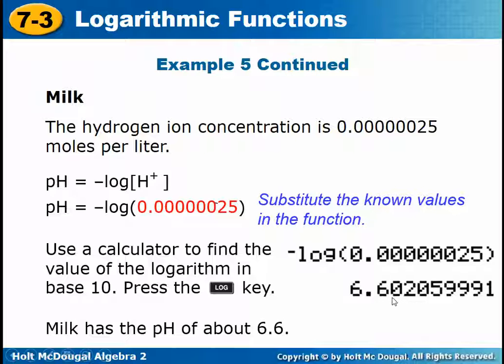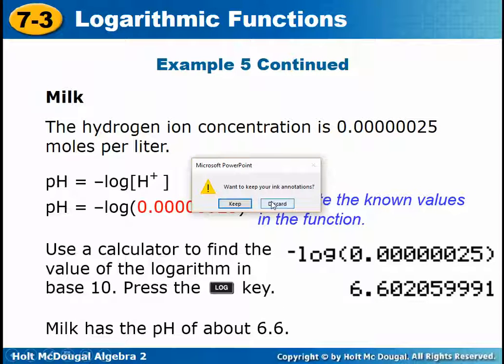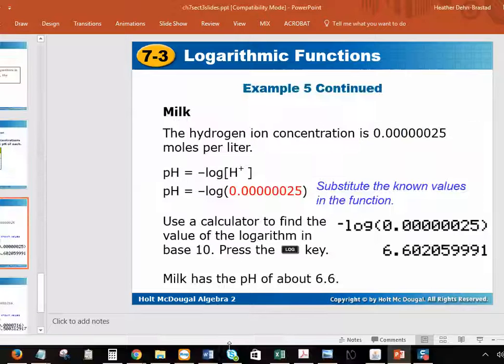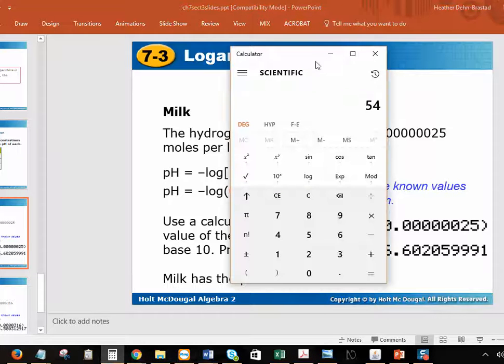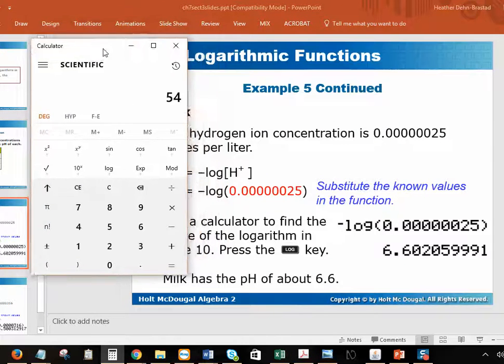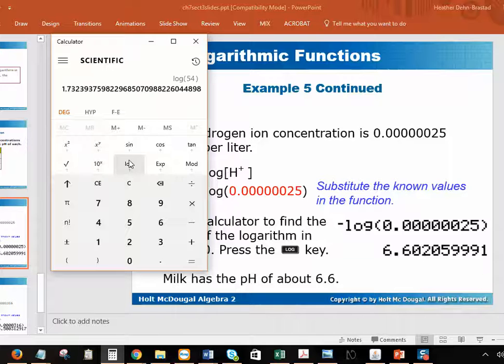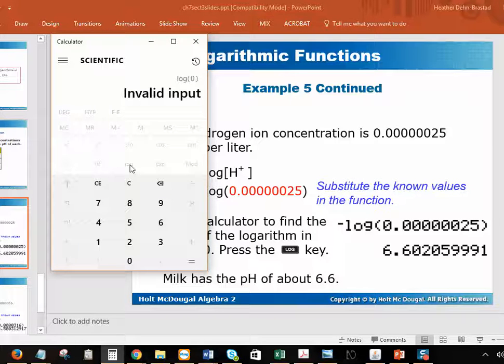If you are using a calculator on your computer, let me show you what it'll look like. Instead of punching in log first and then the number, see, it right away says you can't have the log of 0. So you have to put the number in first, which is 0.0000.